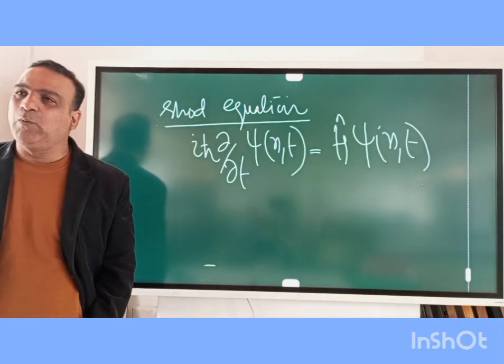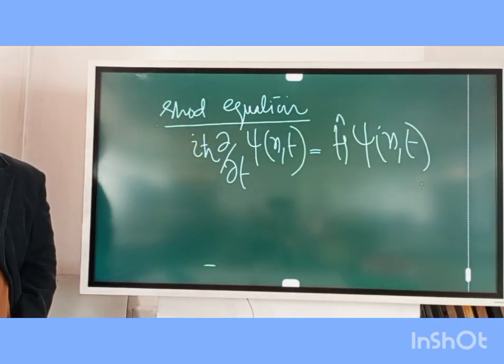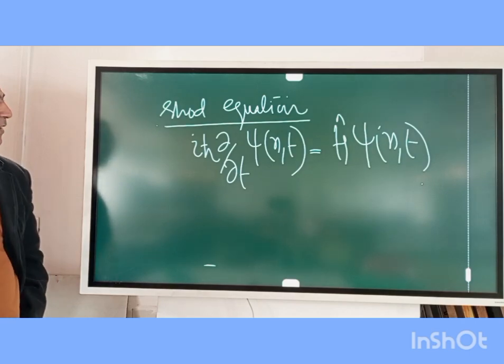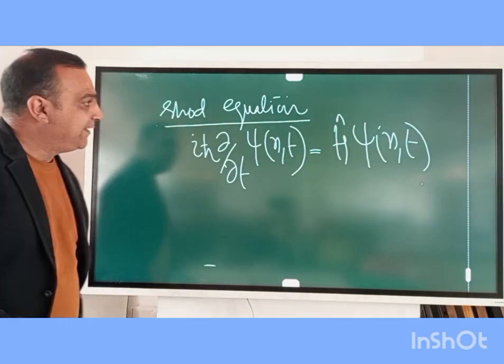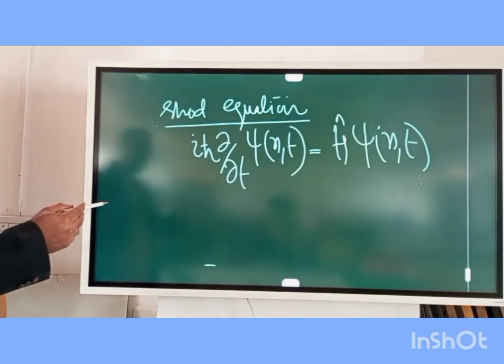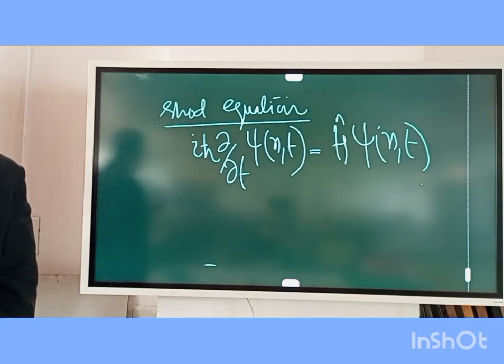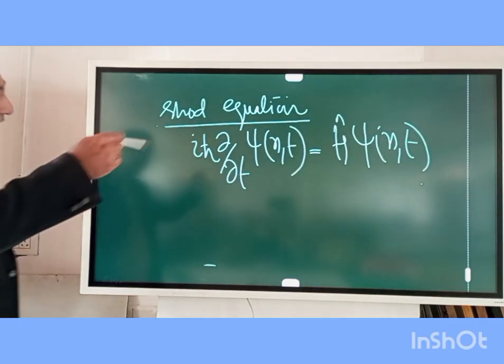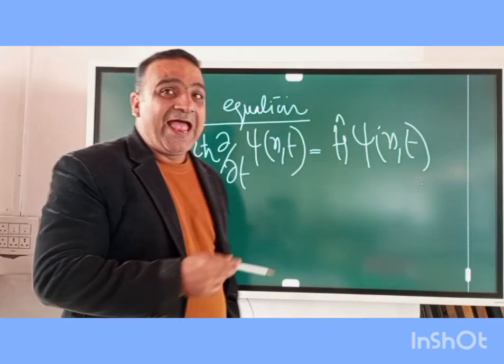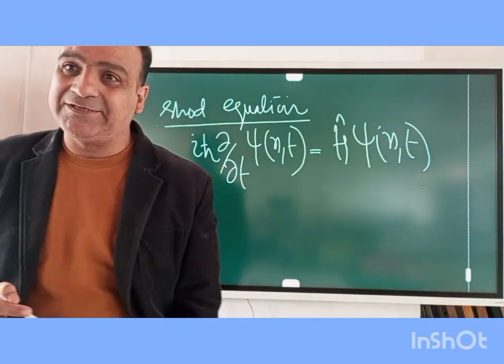This is the basic equation of quantum mechanics that was given by Erwin Schrödinger. The left-hand side of this equation, you see, has time. It has a single derivative with respect to time. And the right-hand side of this equation has the Hamiltonian operator.